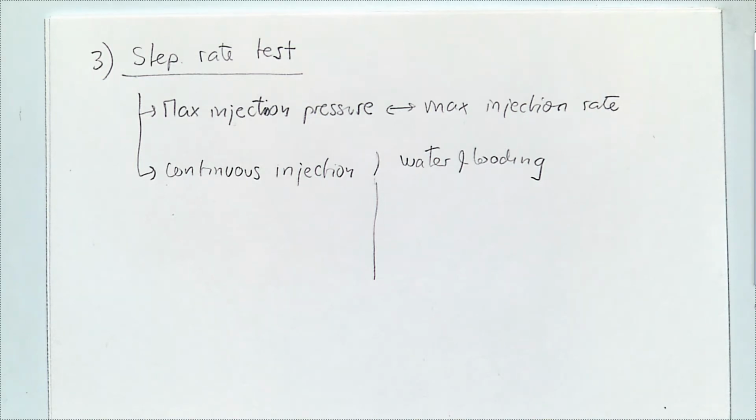Another example could be, well, no, this is not for drilling. This is now mostly for reservoir engineering. So we have done the drilling. We have our wellbore. Now we just want to, for example, enhance oil recovery, or we also may want to get rid of some fluids.